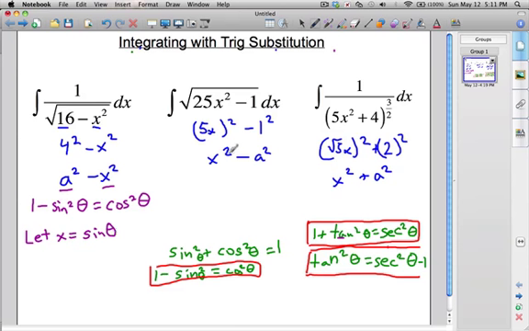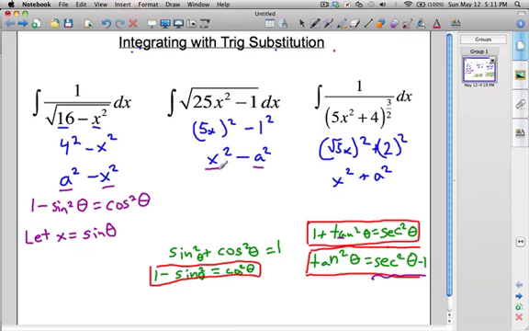Okay, so look at the next one. We have an x term and an a term. In this case, over here we have a trig function squared minus a constant, so that's going to be just like that one looks.